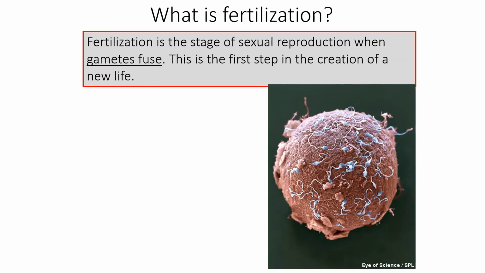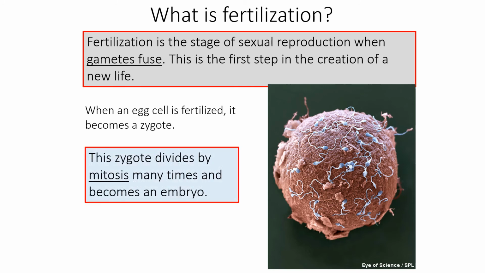What is fertilization? Fertilization is the stage of sexual reproduction when gametes fuse together. This is the first stage in the creation of a new life. More variation is added when fertilization takes place. Each sex cell has a single set of chromosomes.